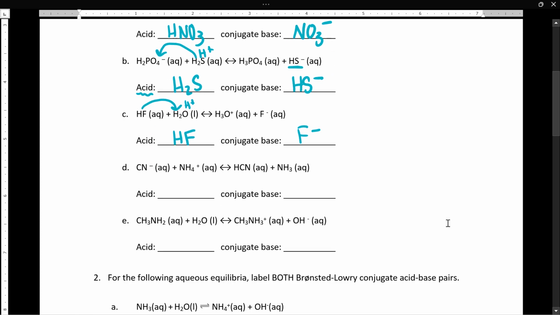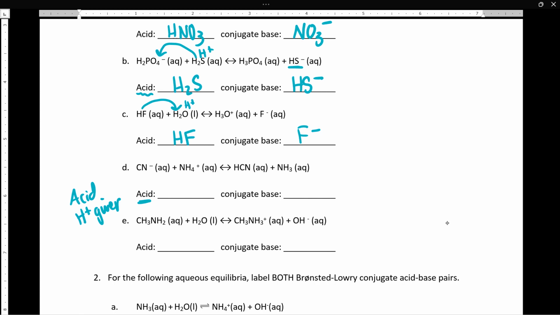Let's do just a couple more here. Again, I'm trying to identify my acid. My acid is my hydrogen giver, my hydrogen donor. All right, so in this case, it looks like NH4 gives up a hydrogen to the CN minus. And I can tell that because if I compare before and after, I go from having 4 hydrogens to now I only have 3 hydrogens.